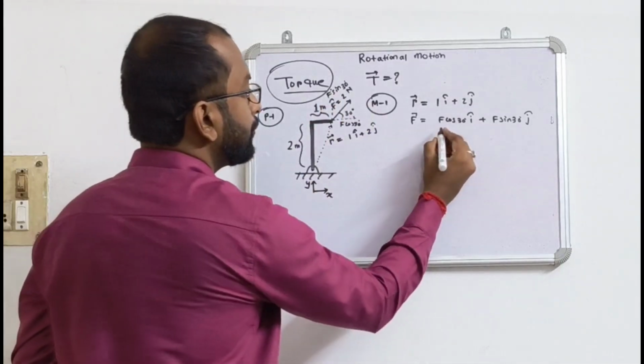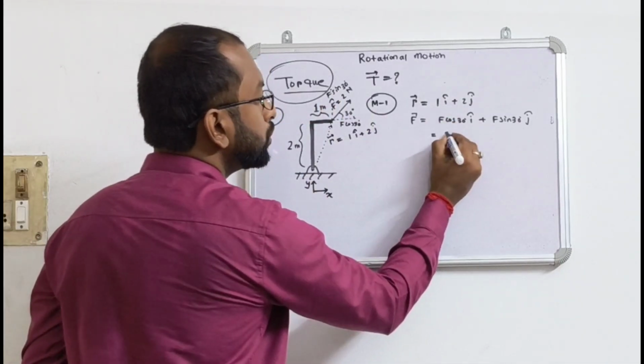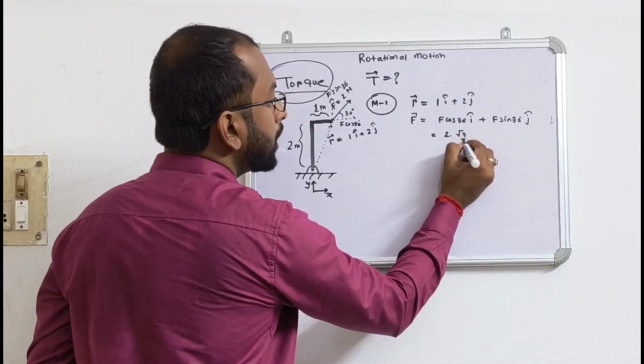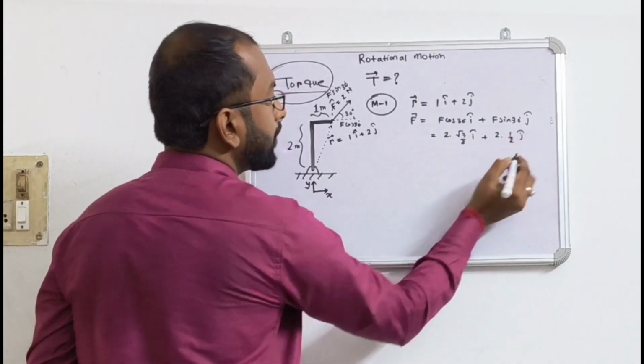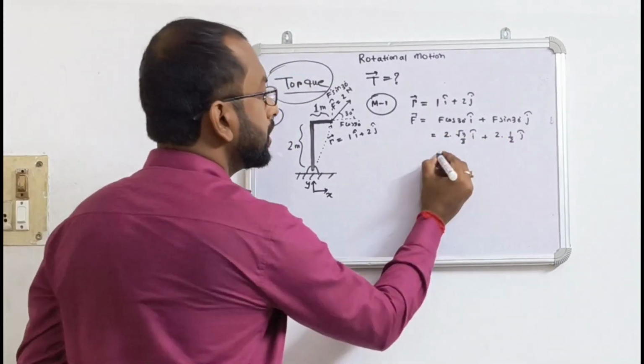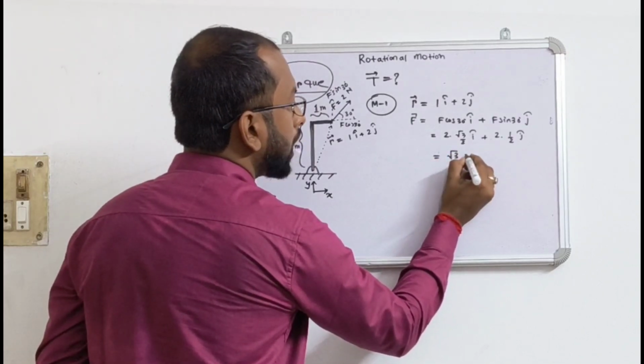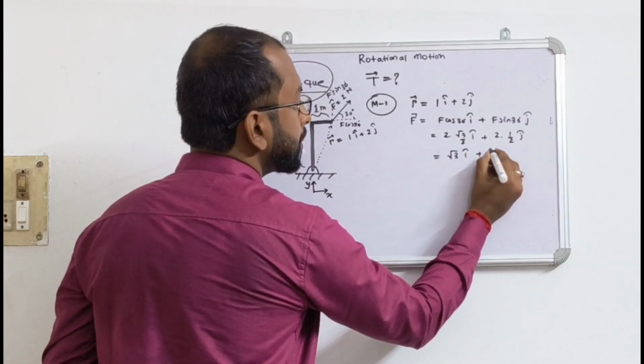So what is the value of F? We'll just put it as 2. 2 into root 3 by 2 i cap plus 2 into half j cap. I'm just putting the value of cos 30 and sin 30. So it is becoming root 3 i cap plus j cap.